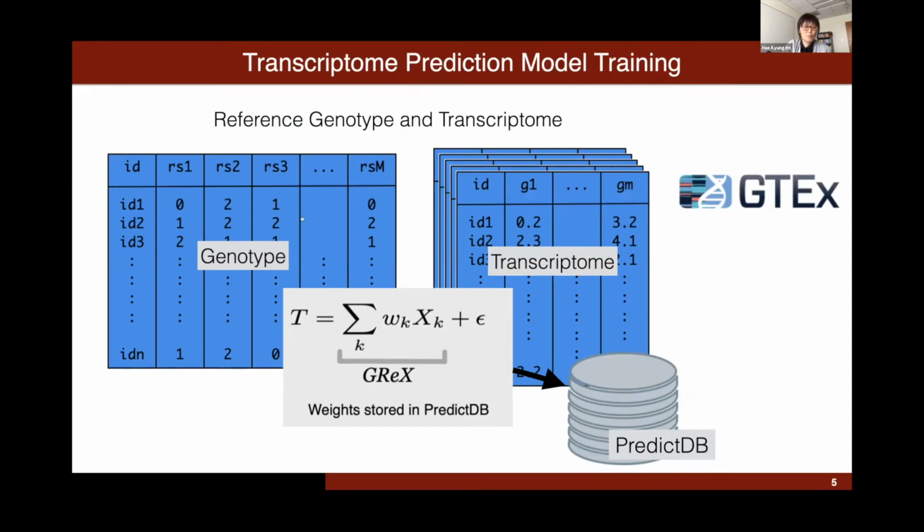So what we proposed was to use reference genotype and transcriptome data sets such as GTEx in humans, take the genotype data and the transcriptome data, and fit linear penalized regression models where we take one gene at a time and find weights that allow us to predict or impute the level of expression, the different columns in the transcriptome data set, using the genotype data.